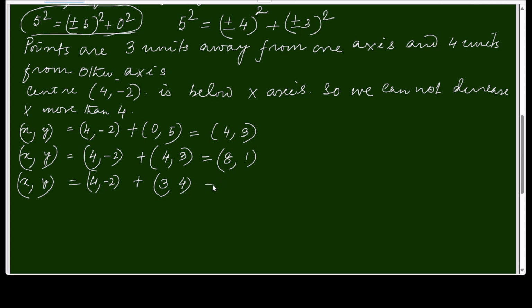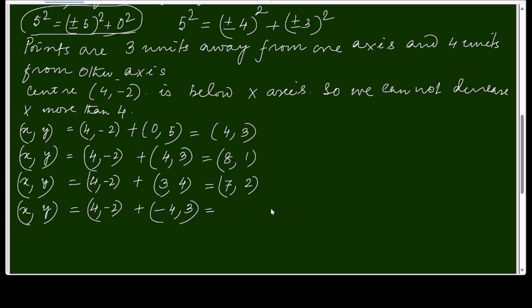This gives the value 7, 2. Then 4 comma negative 2, if I add minus 4 comma 3, then it will be 0.